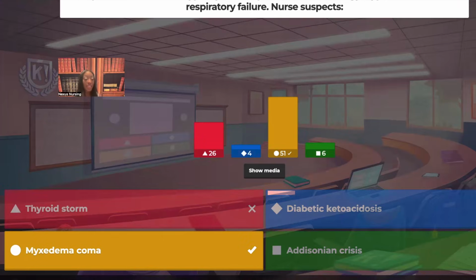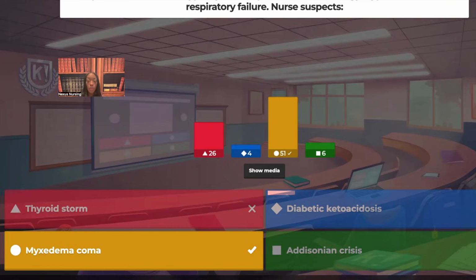All right. Yes, myxedema coma. Let's focus. We'll talk about this after the Kahoot. Yes, so the patient has hypothyroidism, which means their metabolism has slowed down severely. Everything slowed down. Patient's lethargic. Temperature's gone down. Respiration's gone down. But not just normally, severely.